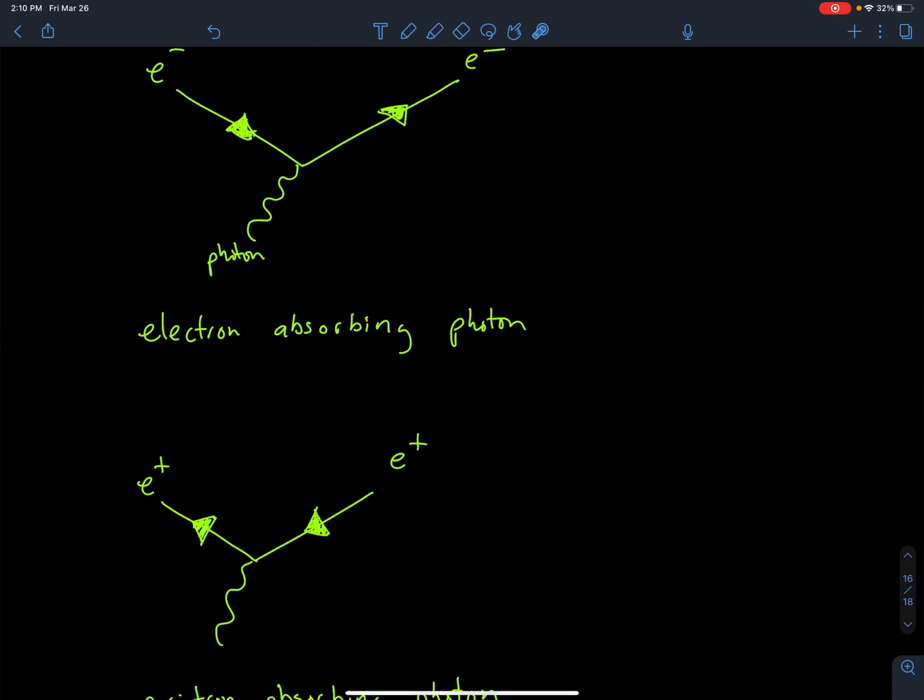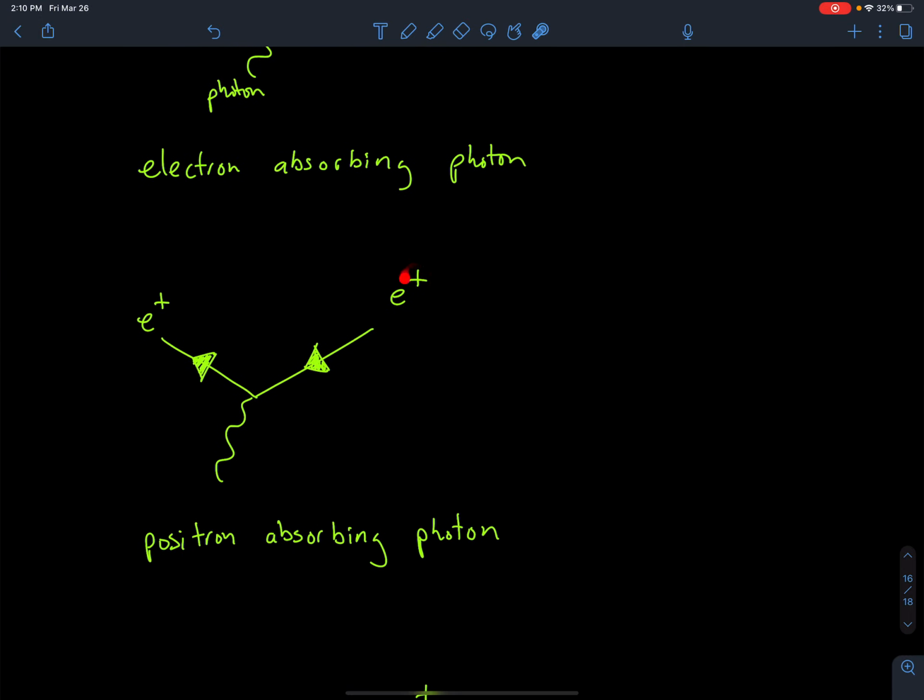This particle is e positive. It is the antiparticle of an electron, the positron. And the positron always travels in the opposite direction of time. So if this was time, the positron travels in the negative direction. Now time is still going forward, so this positron meeting at that vertex is absorbing a photon, causing it to change direction, despite the fact that the arrows are going in the opposite direction.